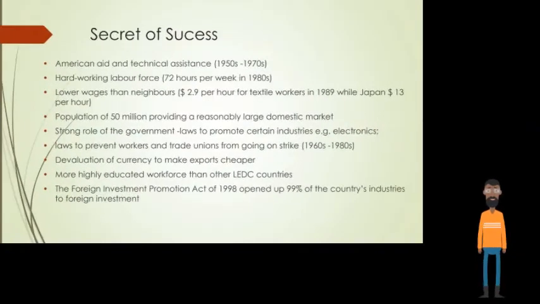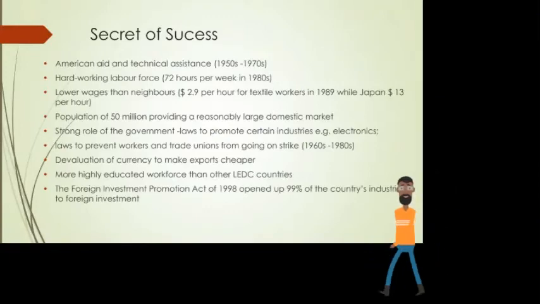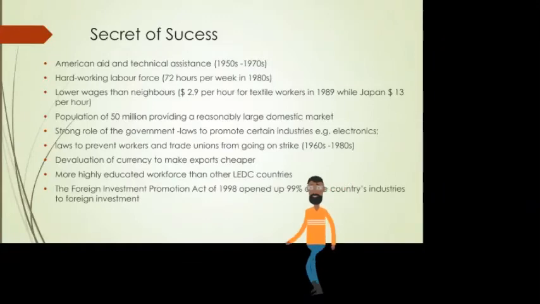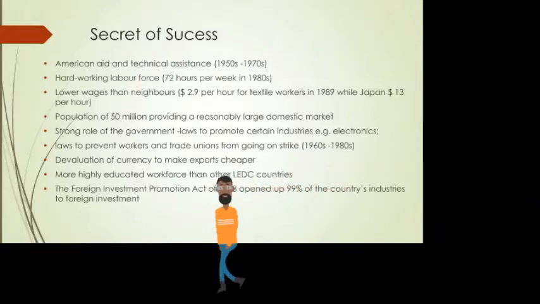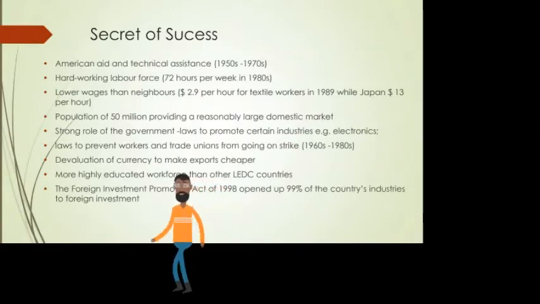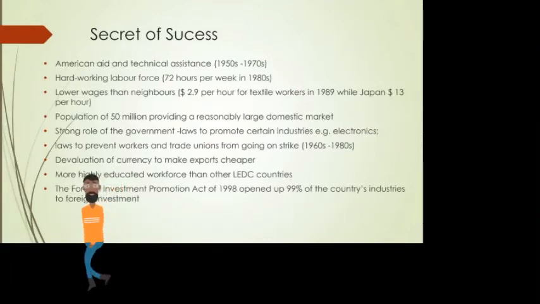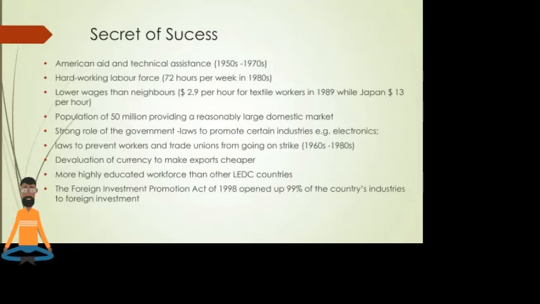The secret of success. First, it was American aid and technical assistance from the 1950s to the 1970s. A hardworking labor force, 72 hours per week in the 1980s. Lower wages than neighbors. It was 2.9 dollars per hour for textile workers in 1989, while in Japan it was 13 dollars per hour. A population of 50 million providing a reasonably large domestic market. A strong role of the government, with laws to promote certain industries, for example electronics.